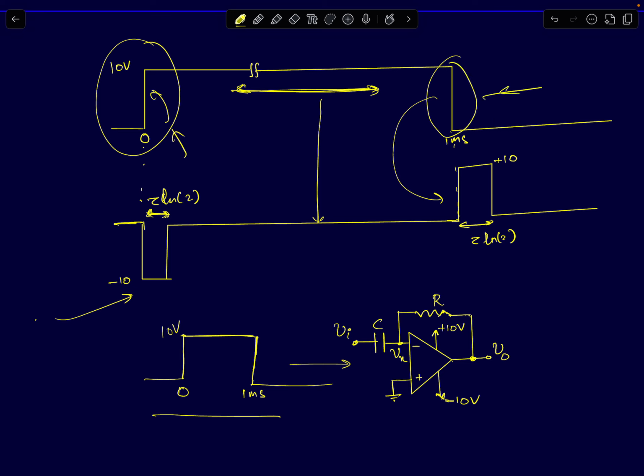For a positive rising edge, you will produce a negative output, and since it's an inverting differentiator, for a falling edge it will produce a positive output. That's how you interpret these outputs, and that's how this circuit will respond to a pulse input. Thank you.